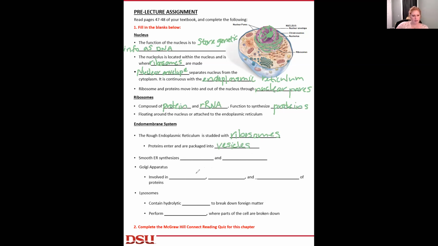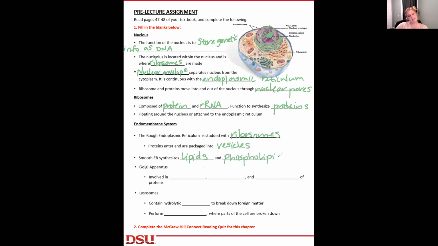Okay, and then we have smooth ER. Smooth ER does not have ribosomes attached to it, and its job is to synthesize, I'm going to put lipids here, as well as phospholipids.